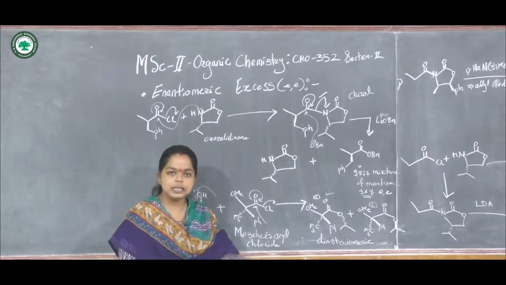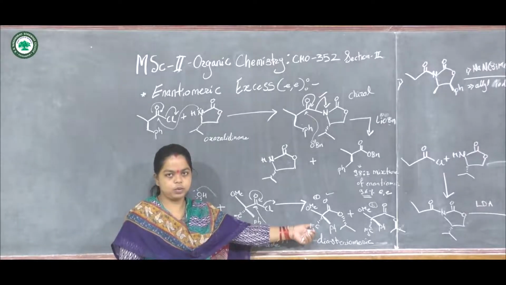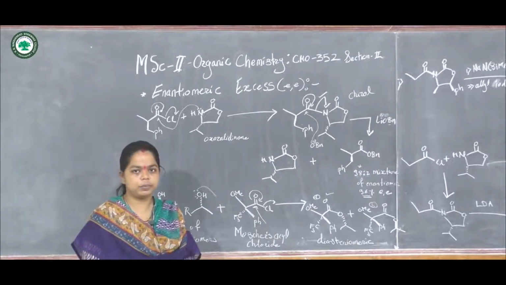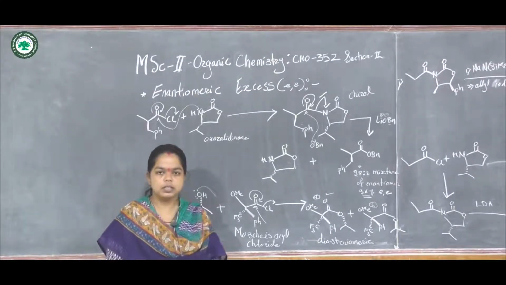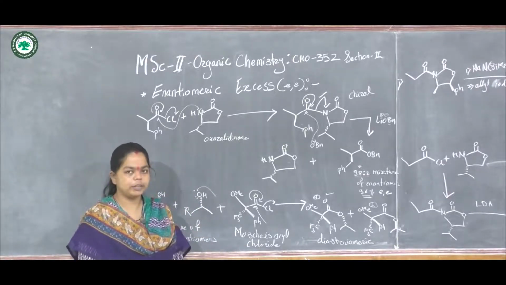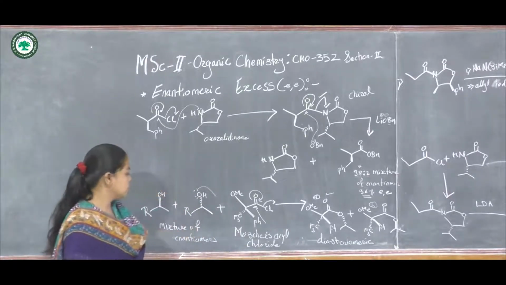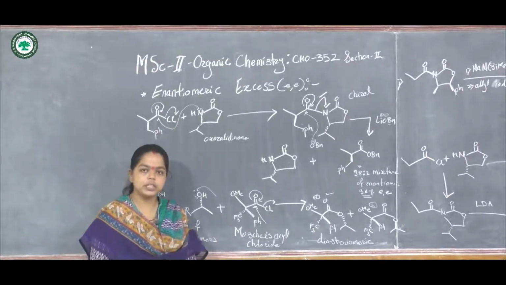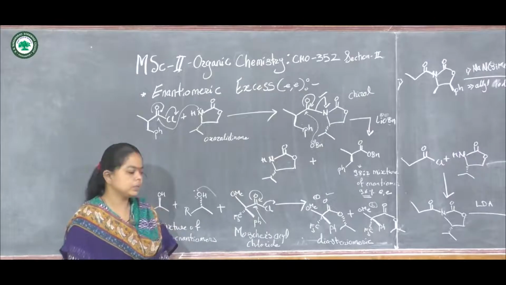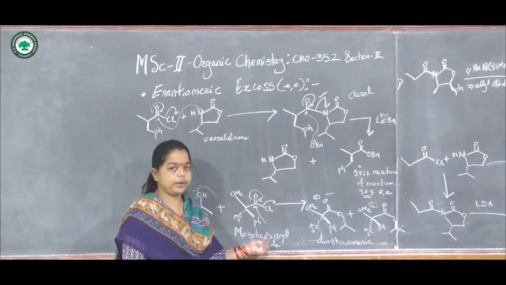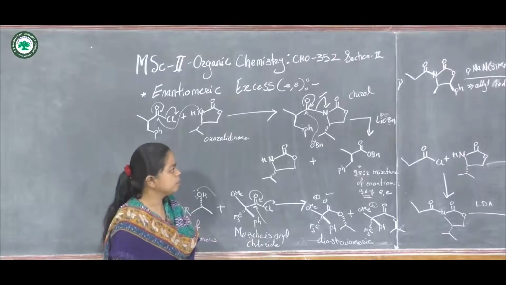We can easily separate these diastereomers now because they have different physical and chemical properties. We can separate them by a resolution method or by chiral chromatographic separation. In this way we can separate the mixture of enantiomers using a suitable salt like Mosher's acyl chloride.